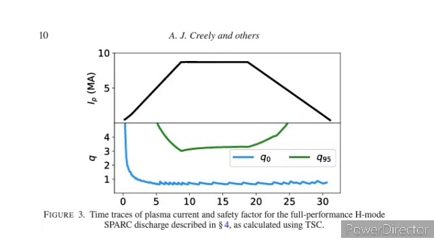Lower current discharges are considerably less demanding on the central solenoid and toroidal field coil set, since the majority of the central solenoid flux is required to ramp the plasma to full current, and so this first scenario likely sets most of the coil requirements for normal operation.